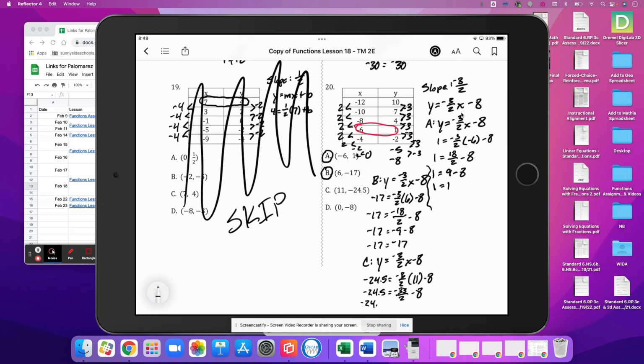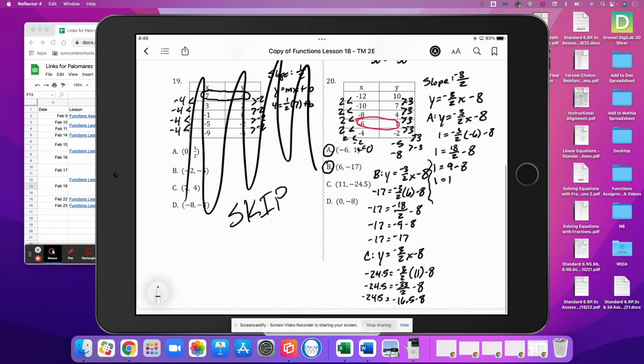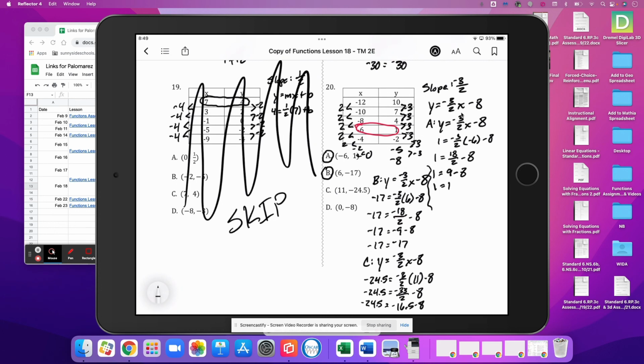Negative 24.5 is equal to negative 16.5 minus 8. And so I ran out of room on my paper, but yes, negative 16.5 minus 8 is the same as negative 24.5. So yes, C is a solution.